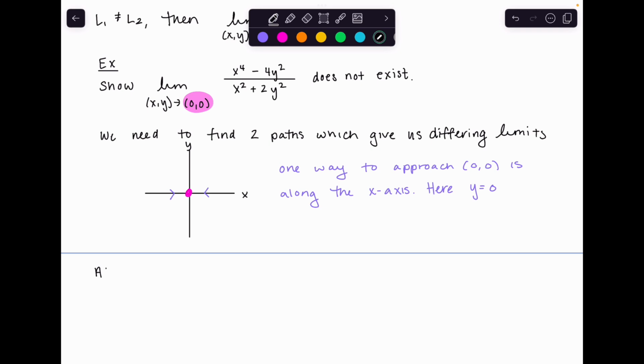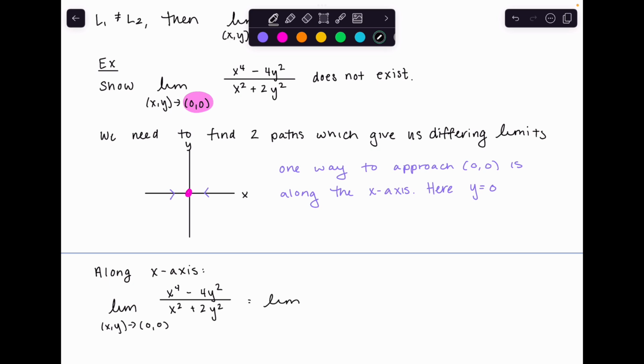When you're writing these up, you always want to be clear as to what your path is. So we're trying to evaluate the limit as xy approaches 0, 0 of x to the fourth minus 4y squared over x squared plus 2y squared.